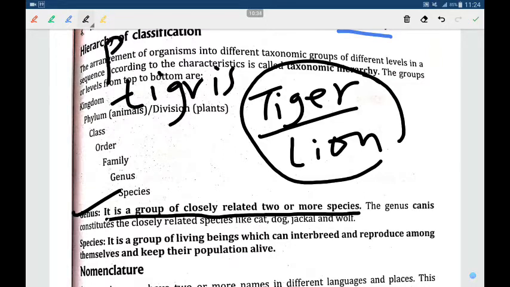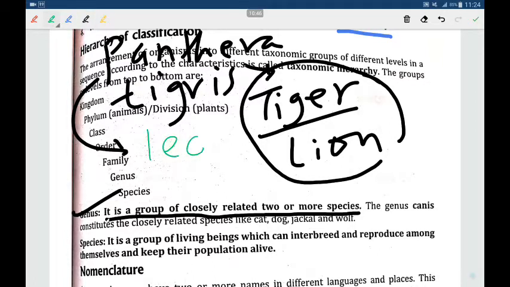Lion is Panthera leo. So see, the first name Panthera is the same, isn't it? Leo and tigris, the species, are different. So a group of closely related two or more species is a genus.